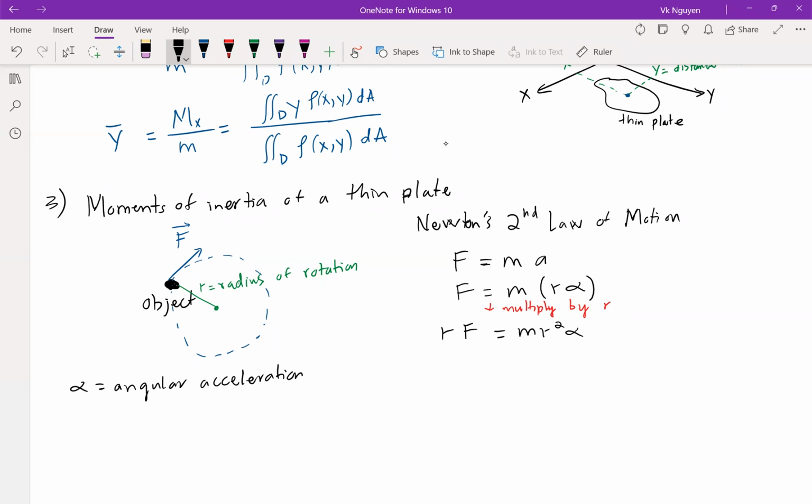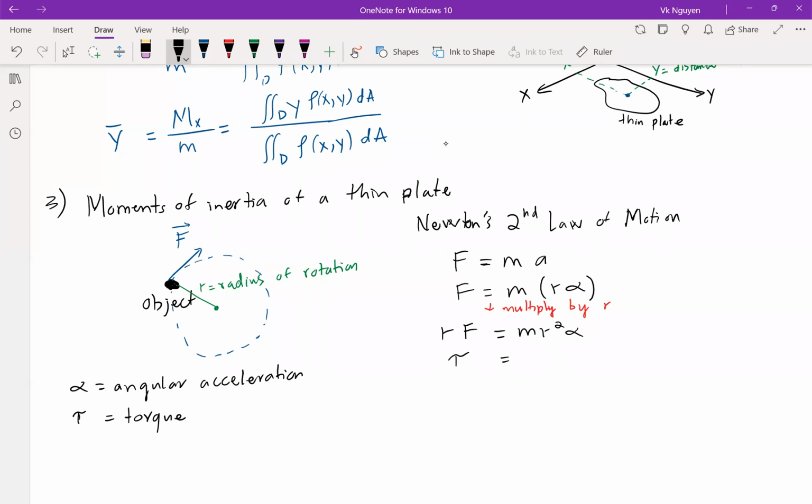You gotta learn this one from math 1C. This is notation for the torque. So this is the torque, right? And then mr square is very famous too.